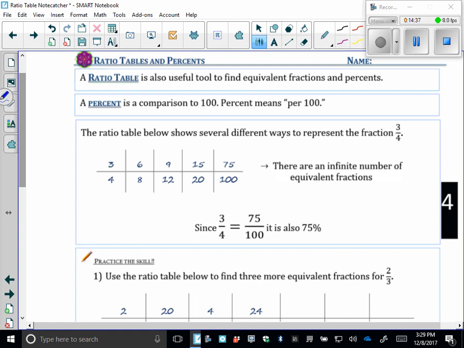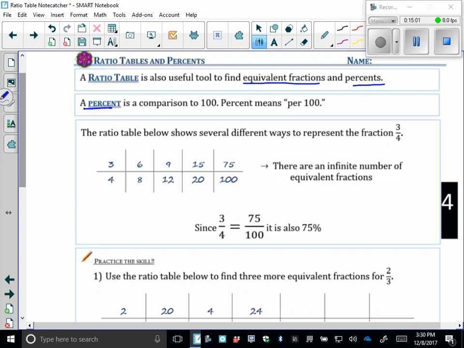Ratio tables in the note catcher are sometimes just teaching you different things and reminding you. So this next page is doing some review and some new, because it says a ratio table is also a useful tool for equivalent fractions. That's review. Percents might be new for you.